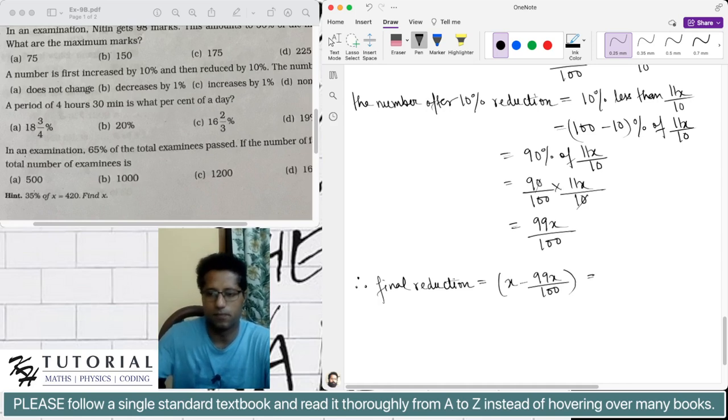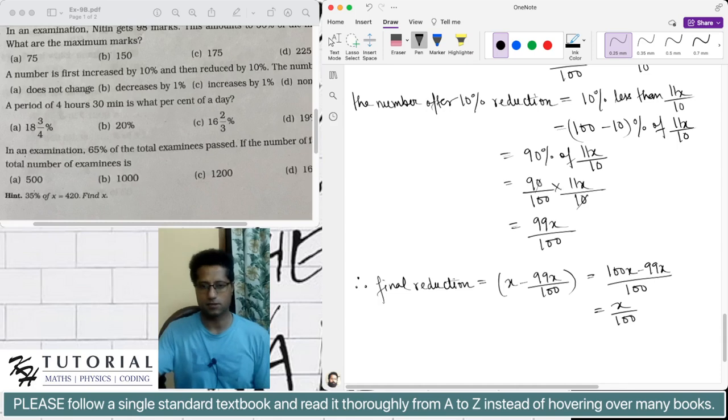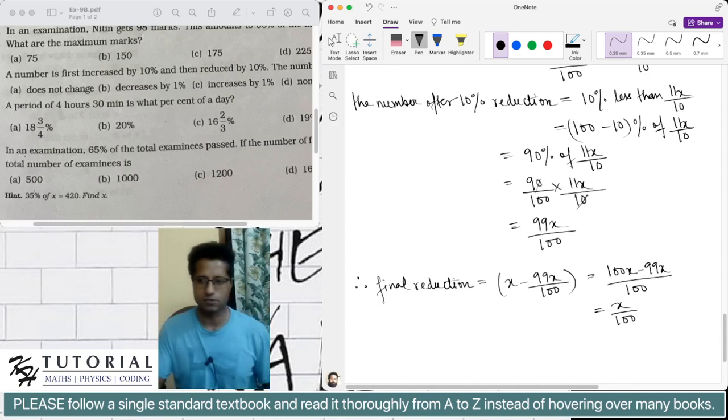This is equal to (100x minus 99x) by 100. This is equal to x by 100. So this is the final reduction. The final number, which is 99x by 100, is x by 100 less than the original number.